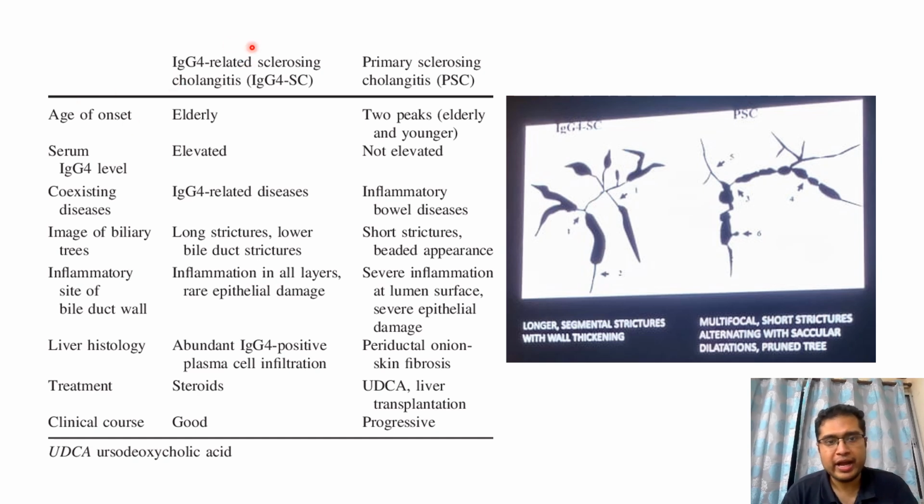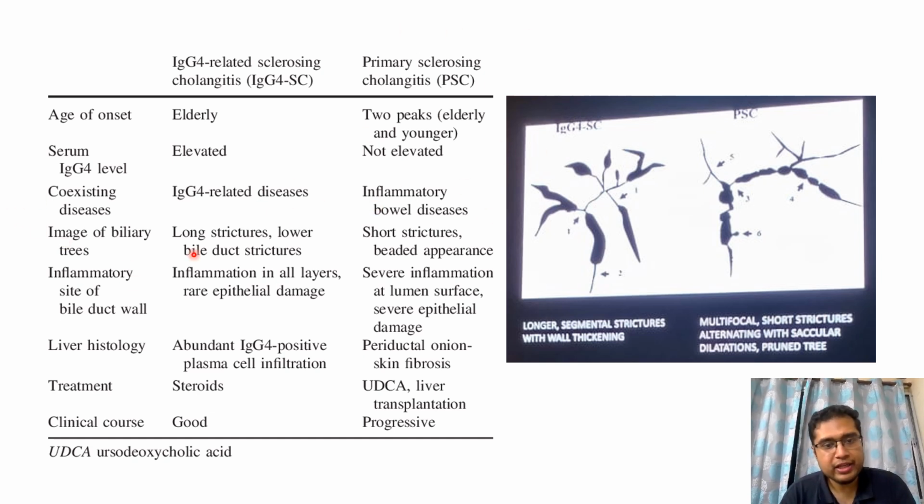The age of onset for IgG4 related sclerosing cholangitis is in elderly patients, while primary sclerosing cholangitis has two peaks, in the elderly as well as in a younger age group. Serum IgG4 level is elevated in IgG4 related cholangitis, and not elevated in PSC. Coexisting diseases: there are many IgG4 related coexisting diseases, while in primary sclerosing cholangitis it is inflammatory bowel disease.